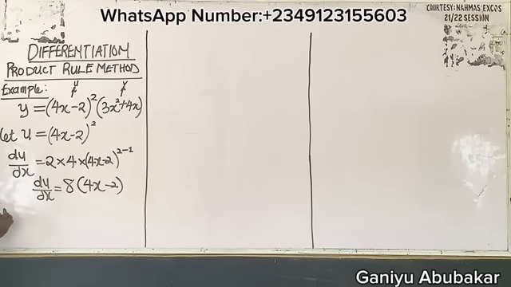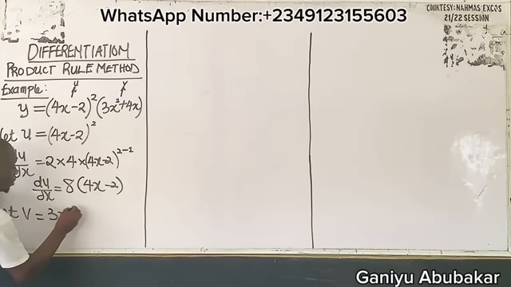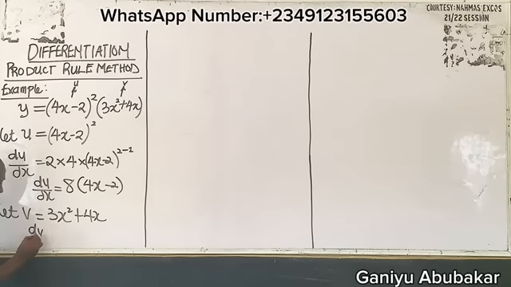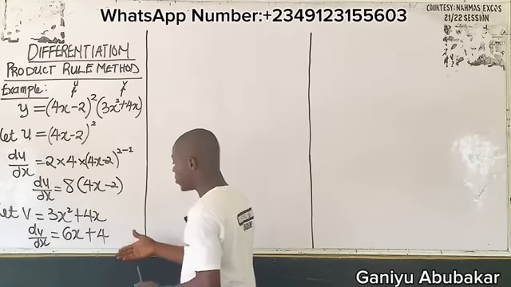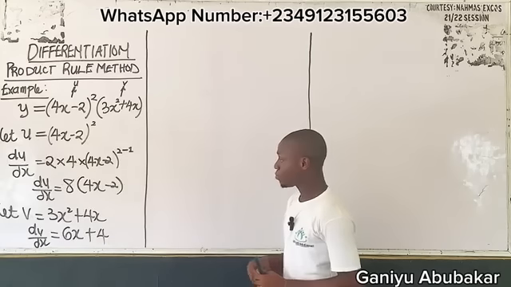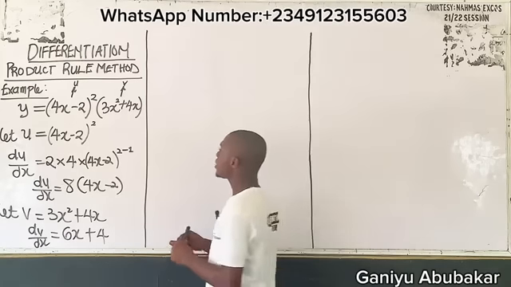Also let v be what? 3x squared plus 4x. I have v with respect to x. In that case, I'll have dv over dx as being equal to 6x plus 4. If I differentiate 3x squared plus 4x, I'll have 6x plus 4 as my answer. So in this case now, I'm done. Next task now is what?